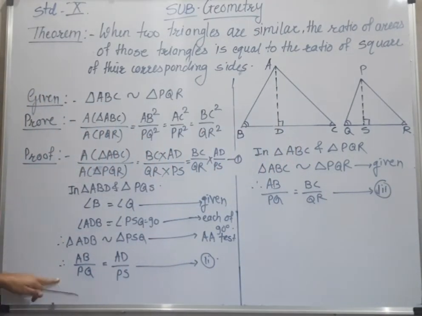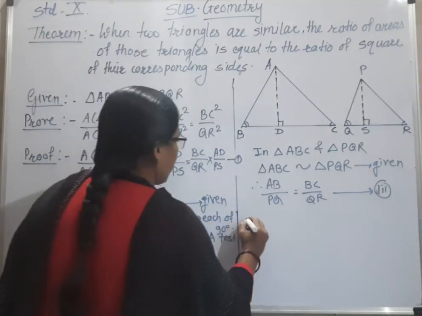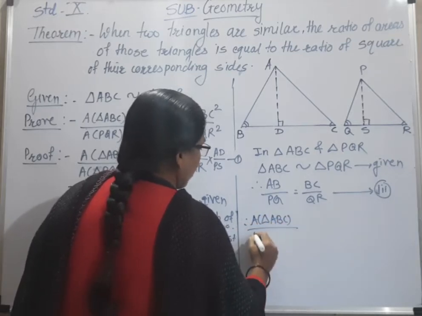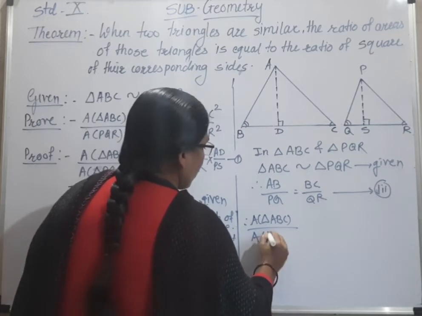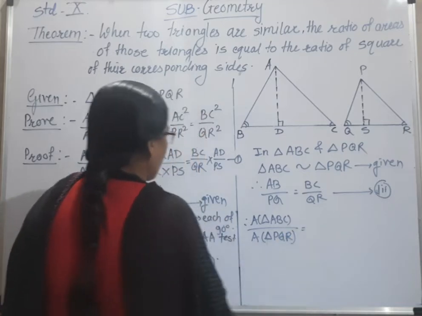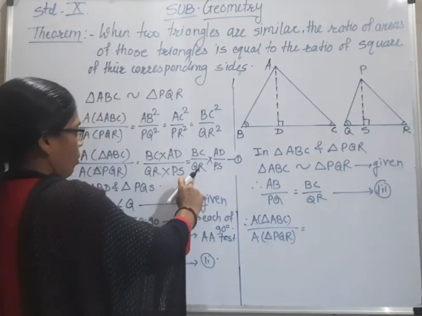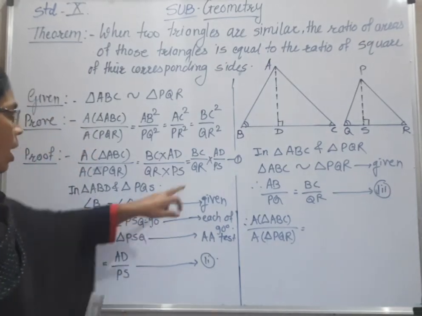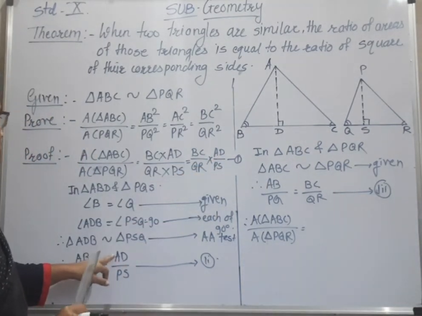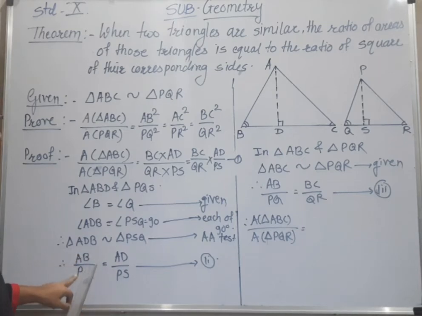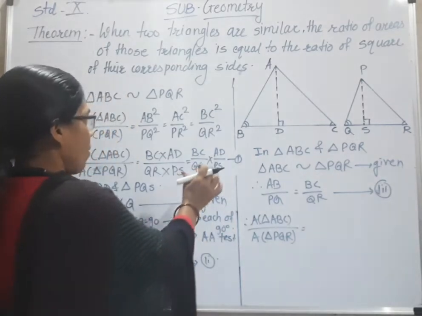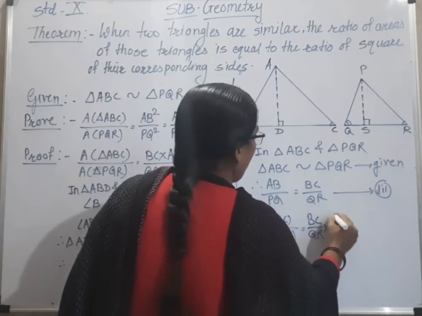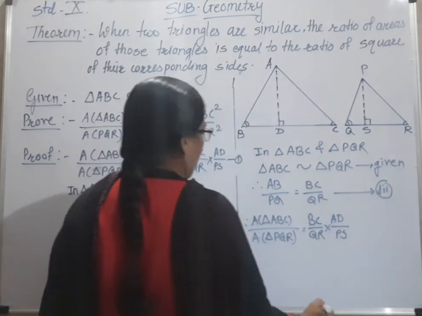Now from 1, 2 and 3 we can write: area of triangle ABC upon area of triangle PQR is equal to BC upon QR into AD upon PS, from 1.